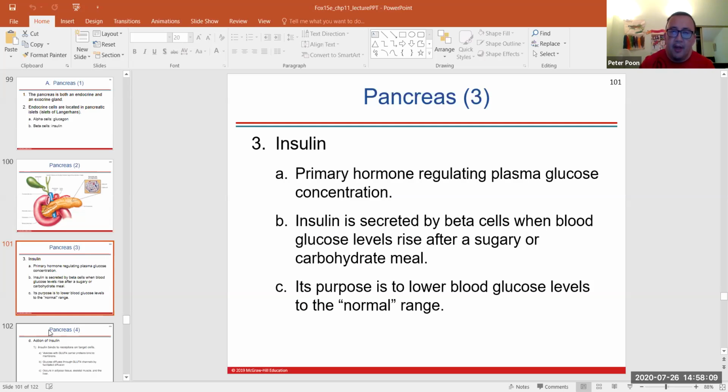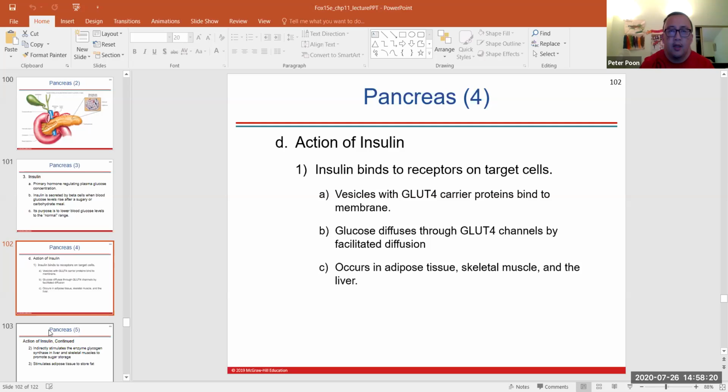Insulin is the primary hormone in regulating plasma glucose concentration, so it lowers blood sugar. Glucagon is the opposite. Insulin binds to receptors on target cells, which causes you to put more GLUT4 carrier proteins in the membrane.